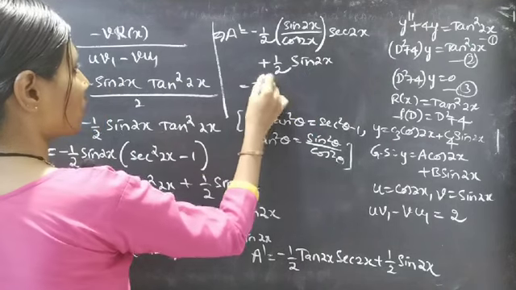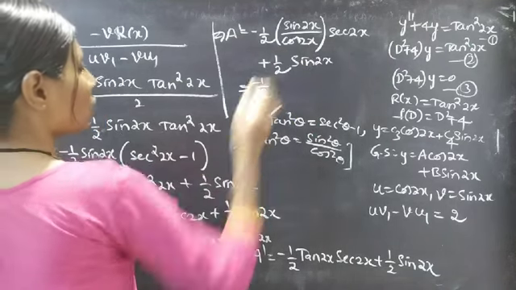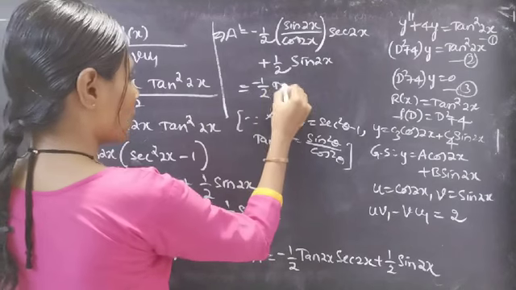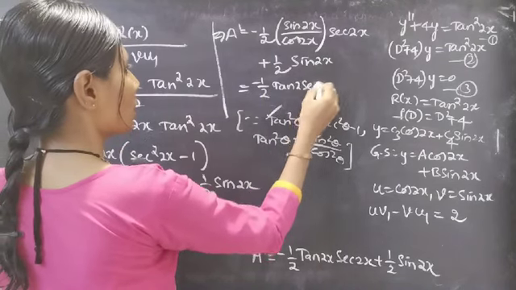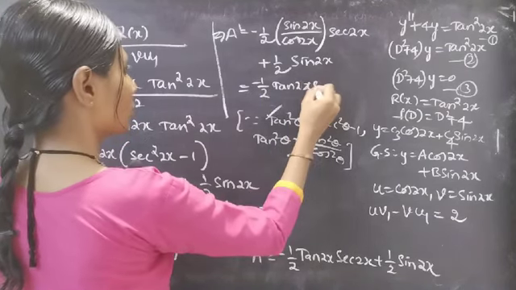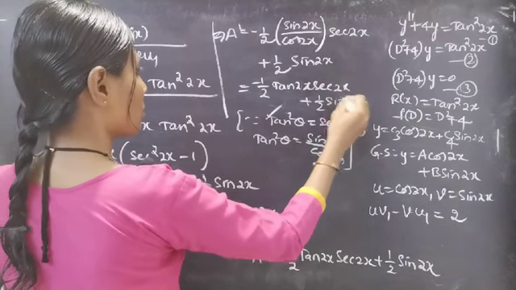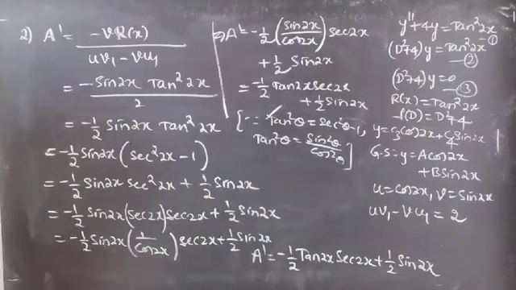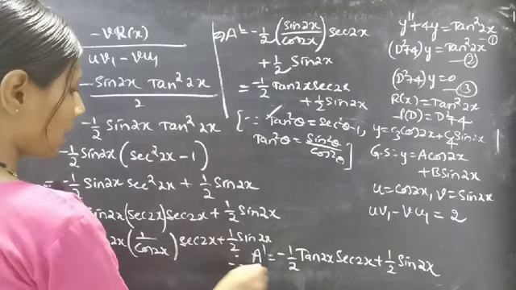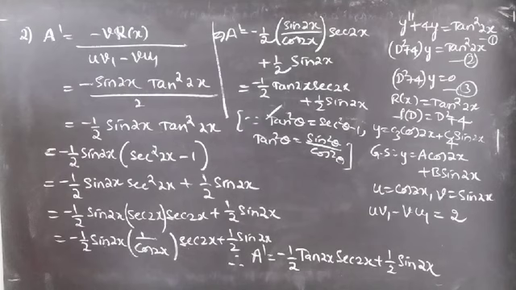Right, which equals minus 1 by 2 into sin 2x by cos 2x, which is tan 2x, into secant 2x plus 1 by 2 sin 2x. You'll get the same thing. So we got a dash now. Therefore a dash equals minus 1 by 2 tan 2x secant 2x plus 1 by 2 sin 2x.